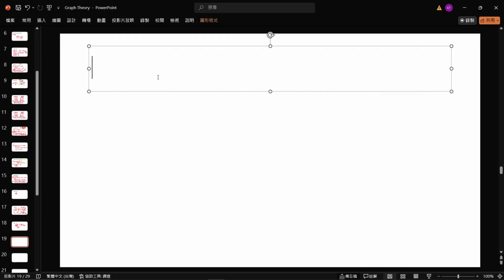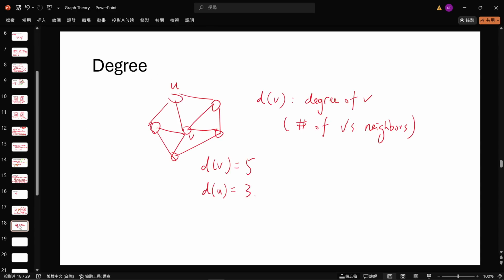For example, if you consider this graph, and say I add this one, the smallest degree, by smallest I mean you compare the degrees of all the vertices and find the minimum, is easy to tell: it is 2.